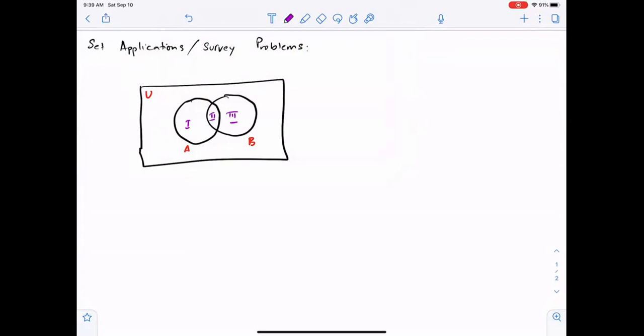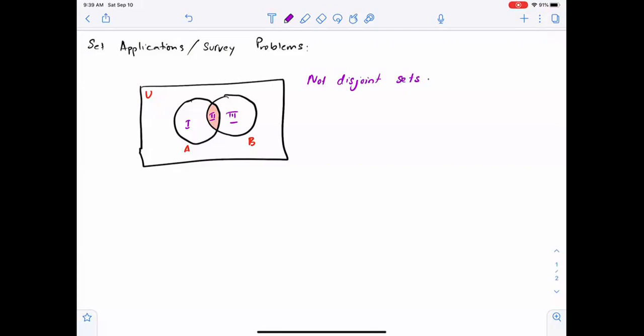Are the sets A and B disjoint? No, because we have an overlap right there. So clearly they are not disjoint sets.